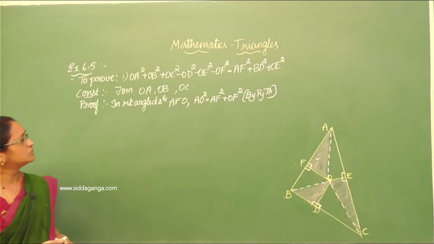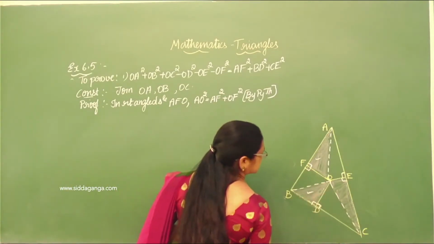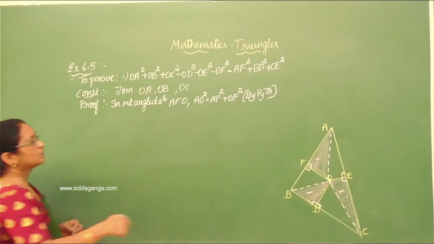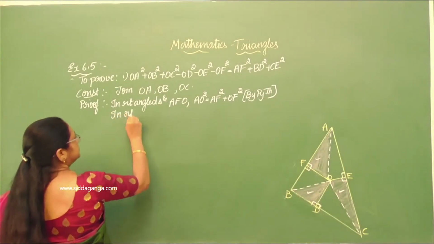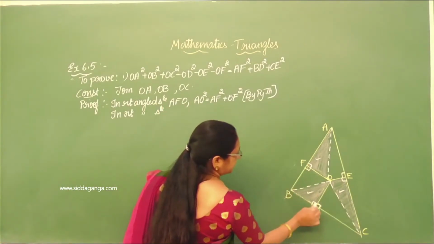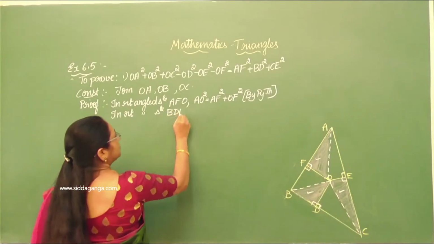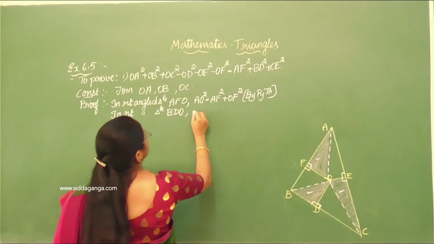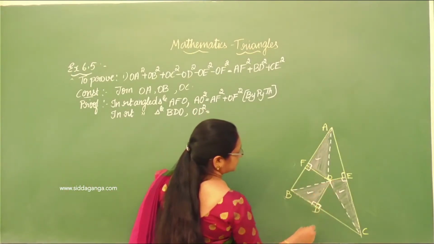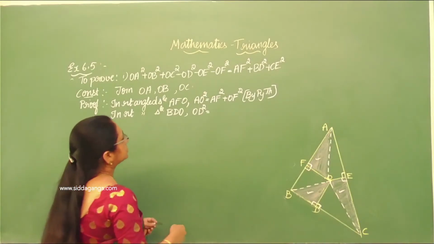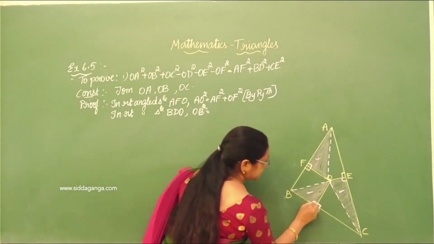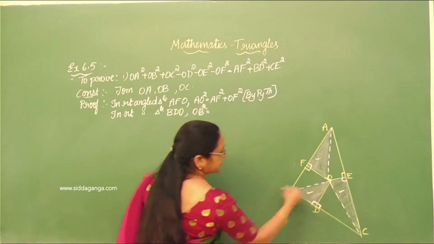Now, next triangle we'll consider this. We'll write all the three first. Next, in right angle triangle BDO, now OB square, because see here, this is 90 degree, so the opposite, that is OB, is the hypotenuse.